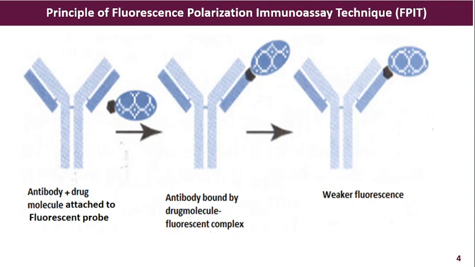Therefore, that antibody which is bound to the drug molecule under investigation, which is present in the sample, will show a different type of polarization index. Based on this, one can conclude whether the sample is positive for the drug under investigation or negative for the drug under investigation.